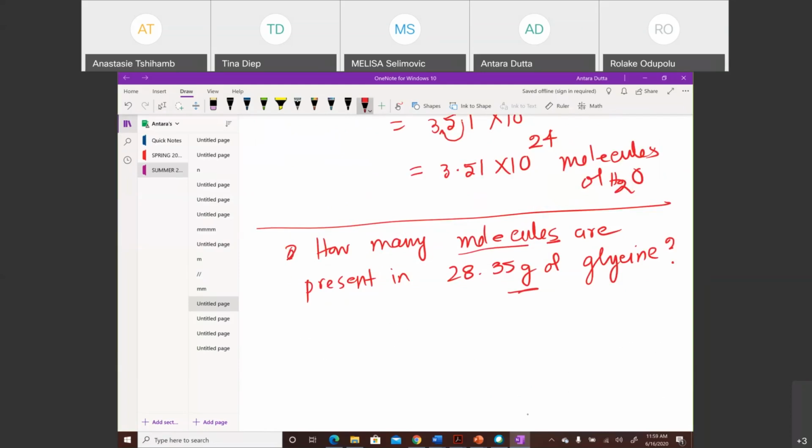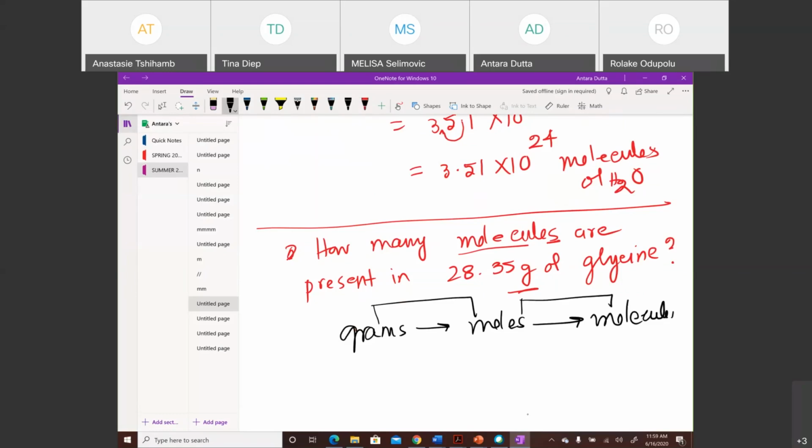So what should be your approach? Your approach should be grams to moles and then moles to molecules. See, we did separately grams to moles. We did separately moles to molecules. Now they are combined together.